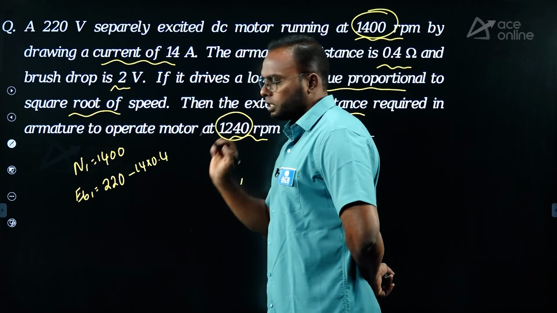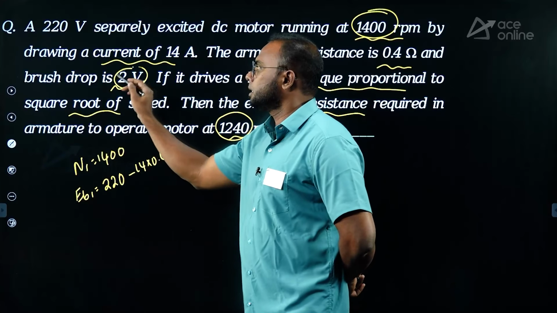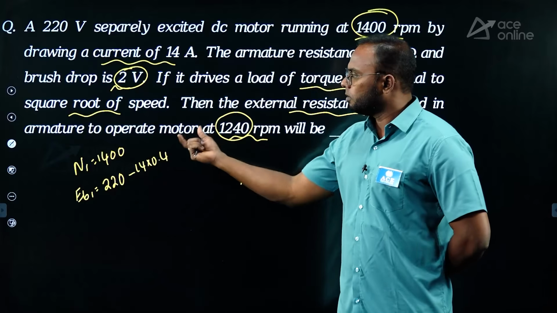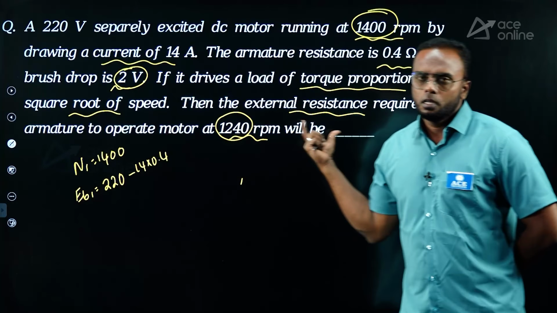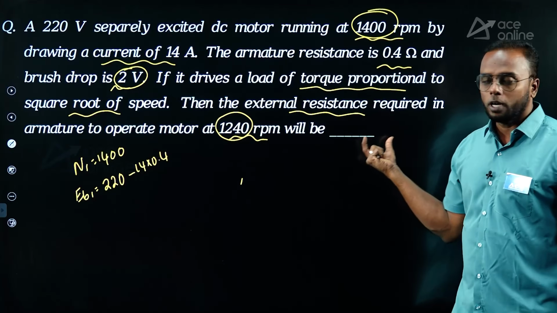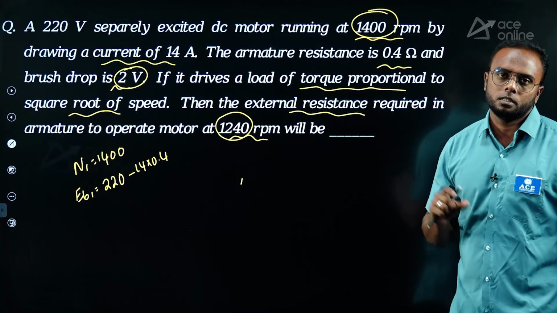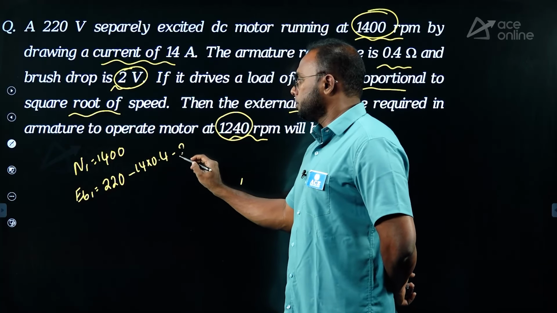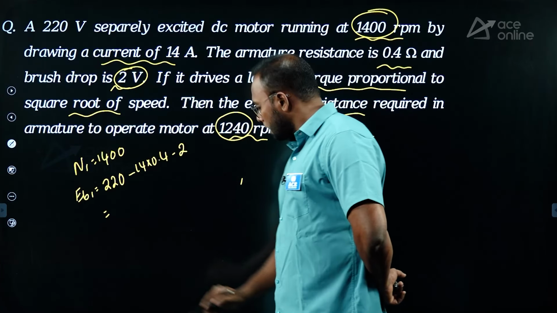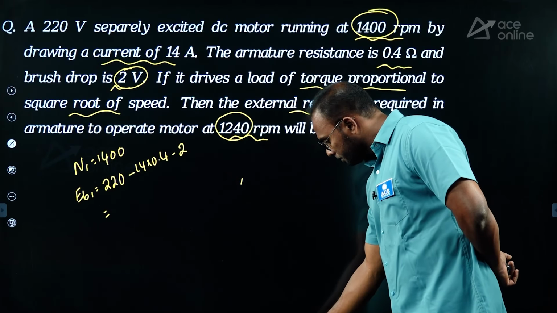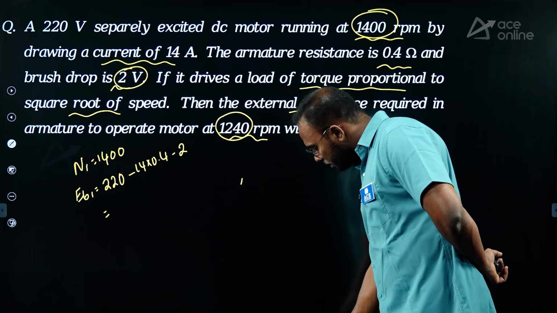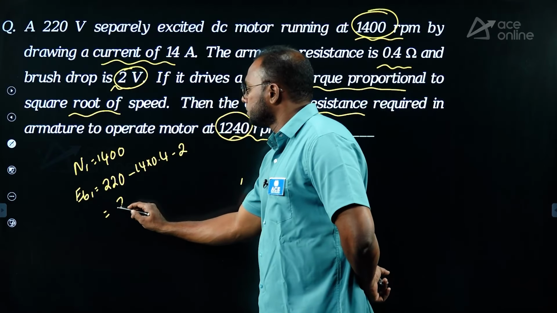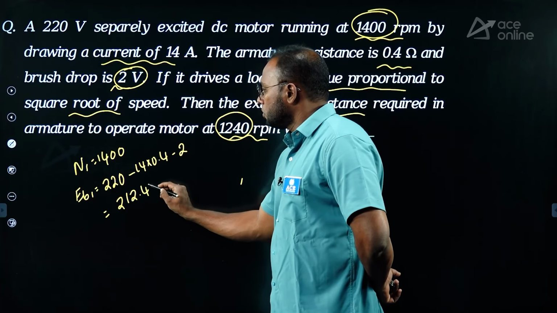But don't stop here, because there is a brush drop in this question. If you don't take the brush drop, we get a small variation, and the resistor value we get will not be within the range they mentioned. So minus 2 volts brush drop. Now calculate the initial back EMF. It comes to Eb1 around 212.4 volts.